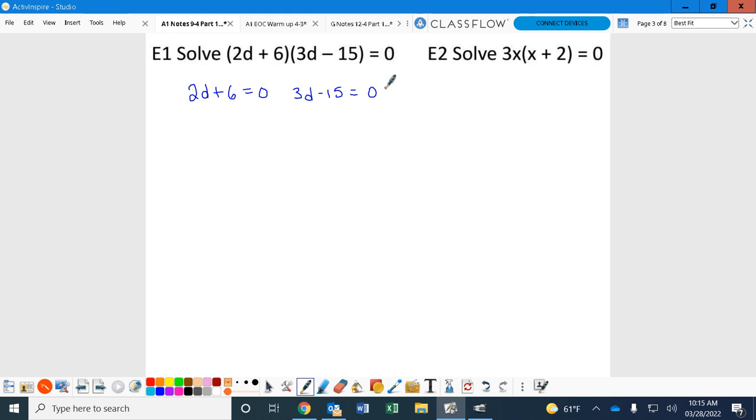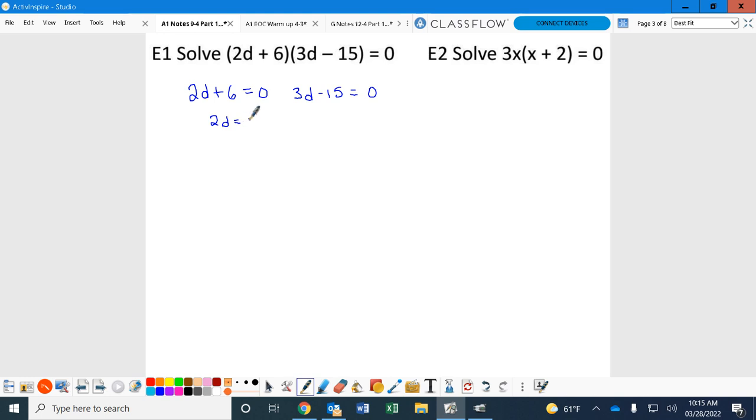Now listen to me. We're past the point of showing every little step for 1 and 2 step problems. I told you when we got past that, I'd start letting you leave that off. We're done with that. You can do these in steps by showing the work and getting to the answer very quickly. When you solve this problem, it's going to be 2d equals, if I move a positive 6 to the other side, what does it become?